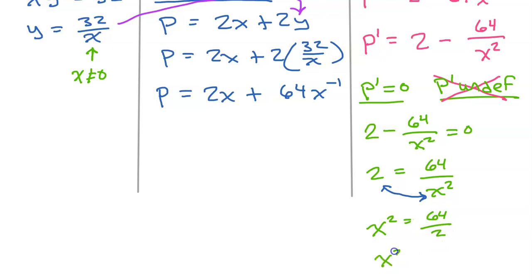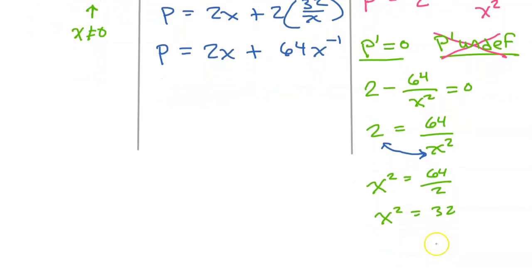So x squared is equal to 32. Taking the square root of both sides, x is equal to the square root of 32. We will not say plus or minus because x is a side length of a rectangle. You can't have a negative side length. So x is radical 32.